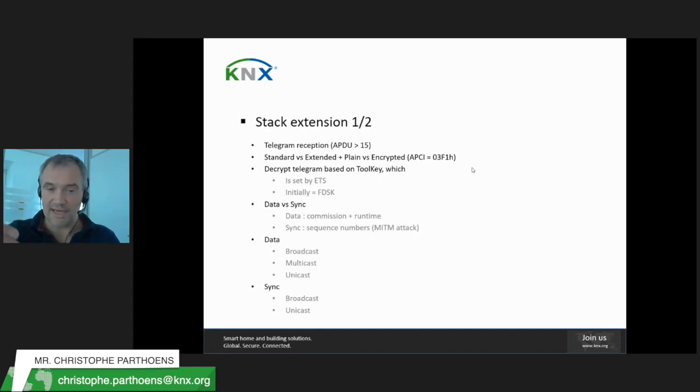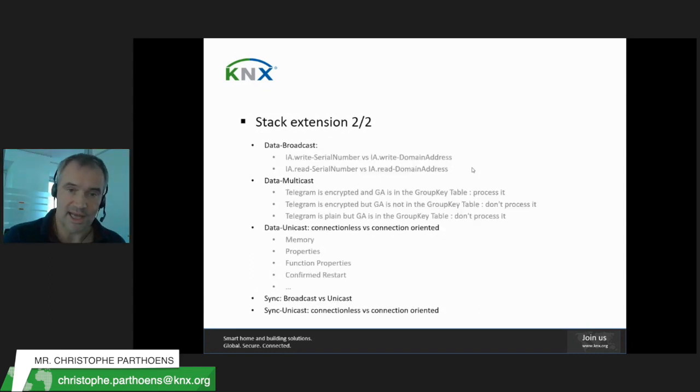So therefore, in data, we need to distinguish broadcast, multicast, unicast. I will give you an overview on the next slide. And within synchronization are then the two categories, broadcast and unicast, that we need to distinguish. So next slide.